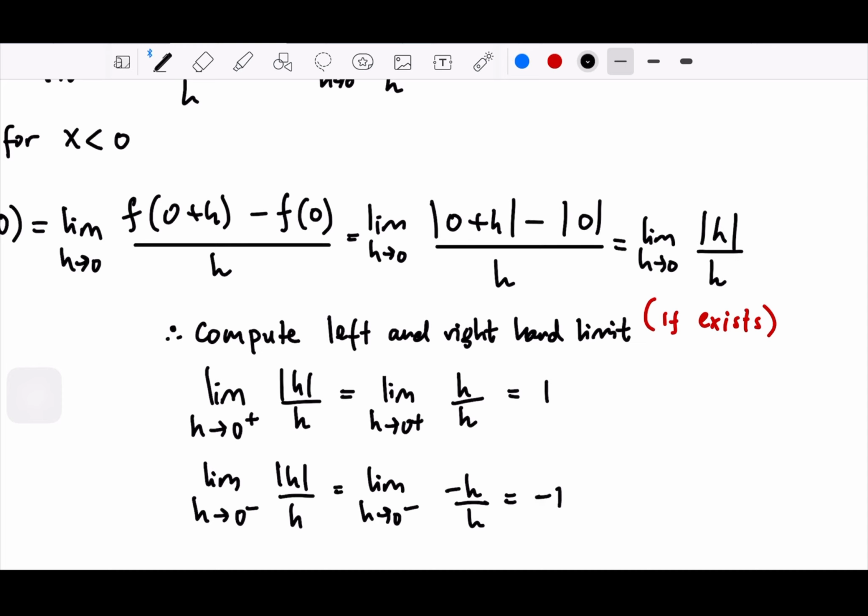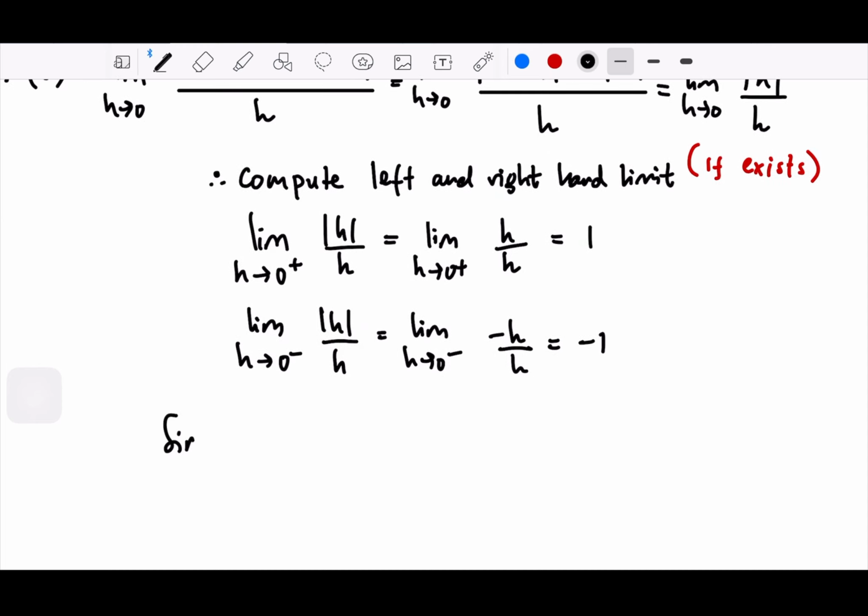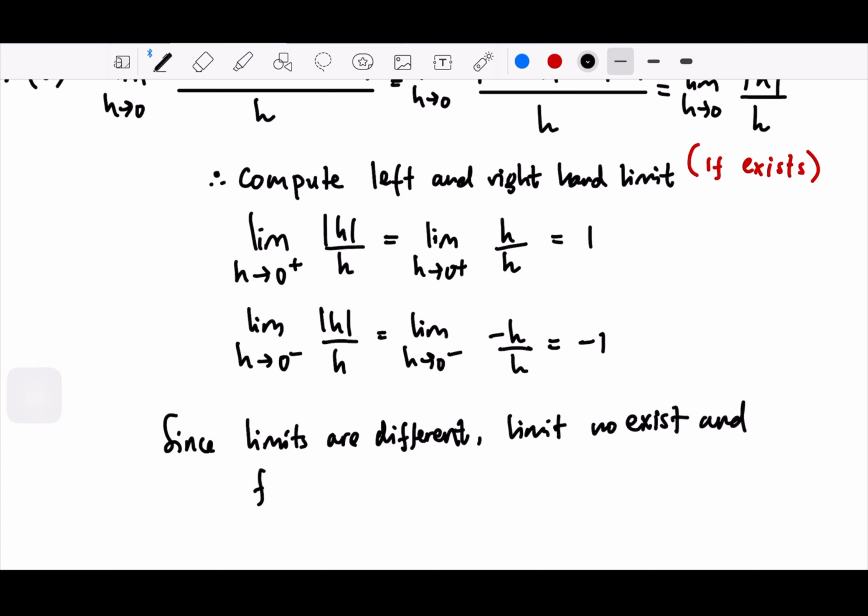So, since this is different, what is our conclusion? Yes, limit does not exist. Okay? Limit does not exist. So since limits are different, limit does not exist, and more importantly, f prime of 0 does not exist also.